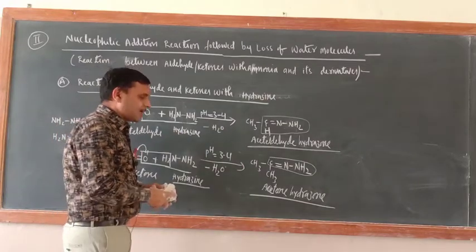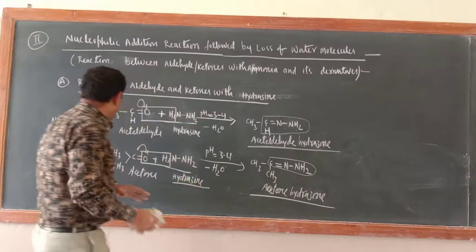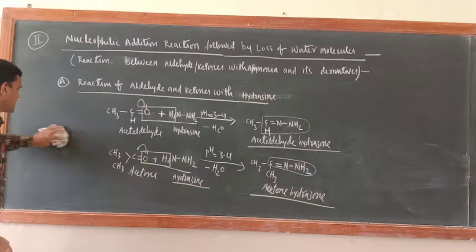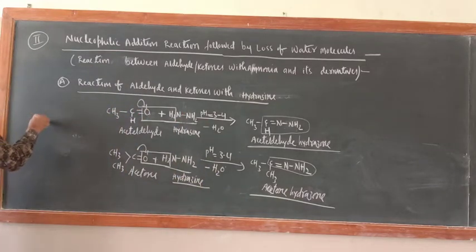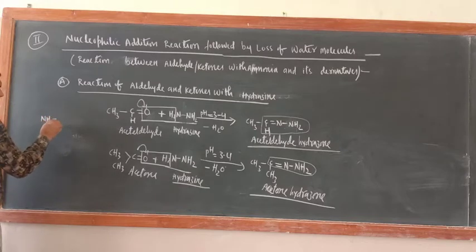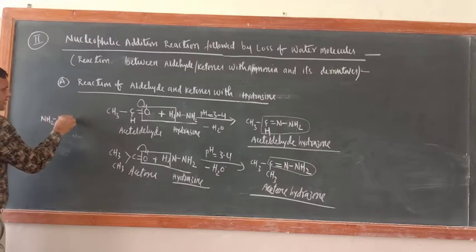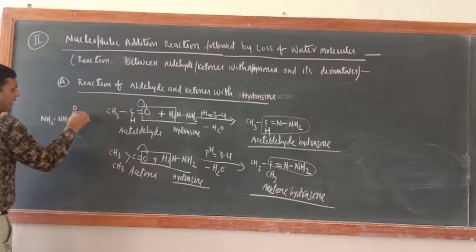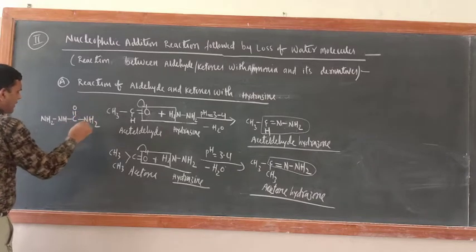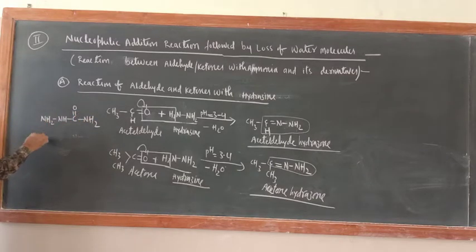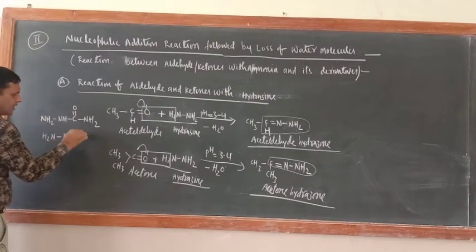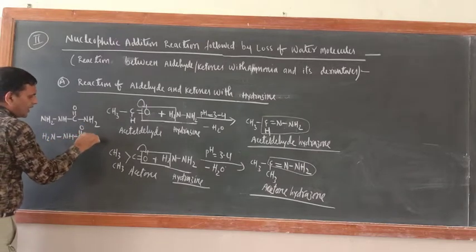Next one is semicarbazide. What is the formula of semicarbazide? Semicarbazide is NH2NHCONH2. For setting, you should write H2N-NH-C double bond O-NH2.